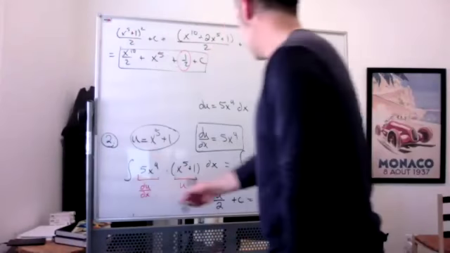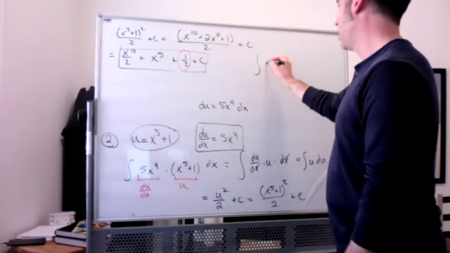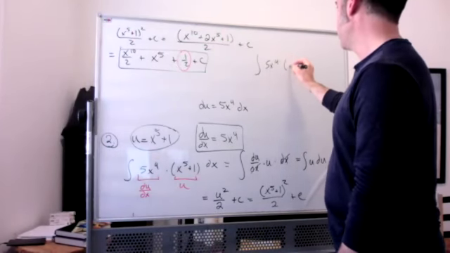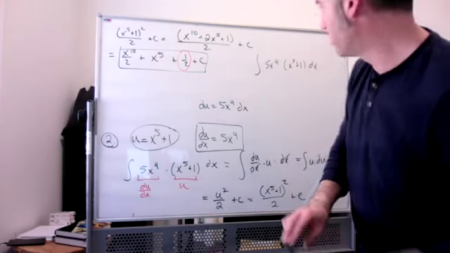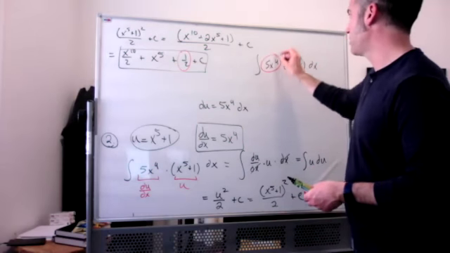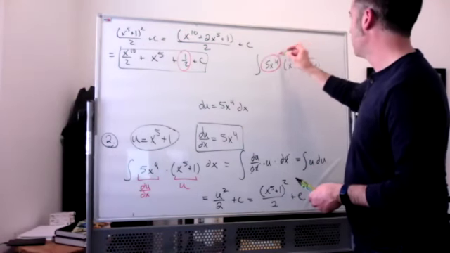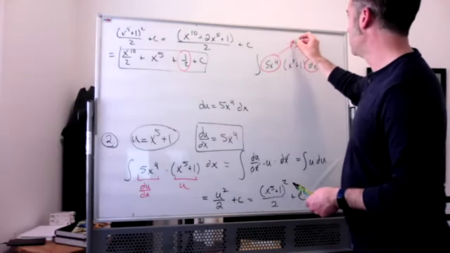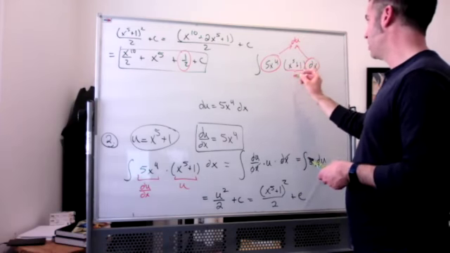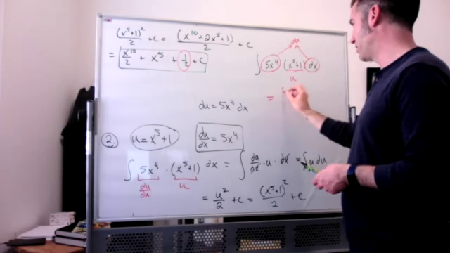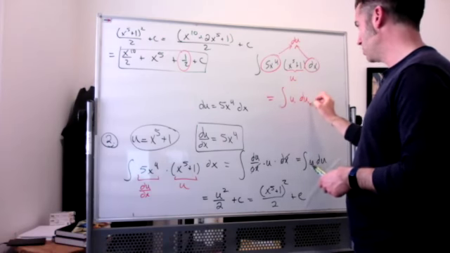And then I can rewrite my integral of 5x to the 4th times x to the 5th plus 1 dx as, well, the 5x to the 4th dx, that's just what du is equal to. And then the x to the 5th plus 1, that's just u.